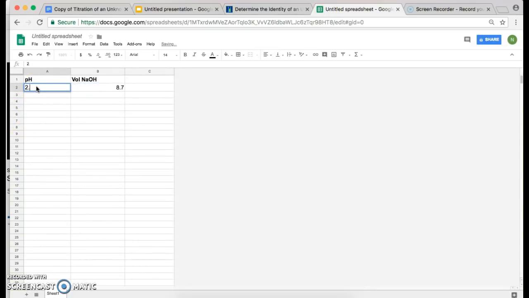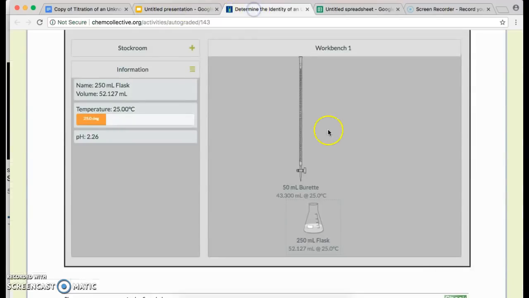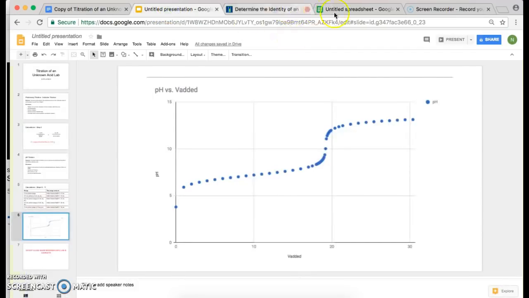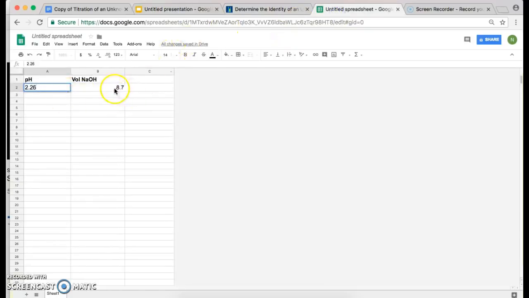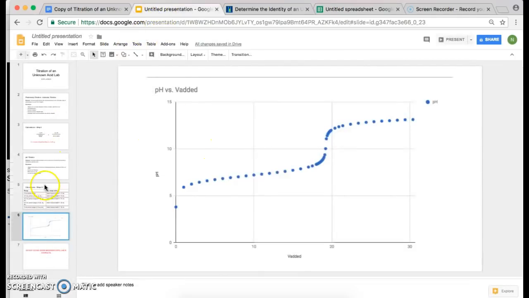So what I'm going to do is I'm going to get a bunch of data for my pH and then the volume of sodium hydroxide. All right, and now in my case, since I'm starting at 8.7, that means I'm going to add 2 milliliter portions until I get to around 8.7 plus, so I'll take that value, 8.7.